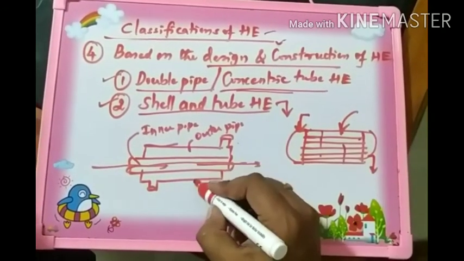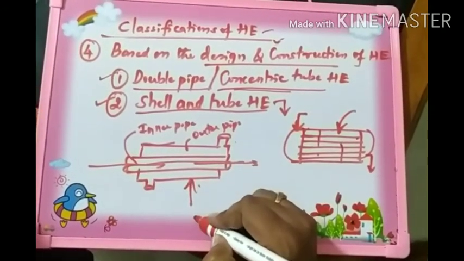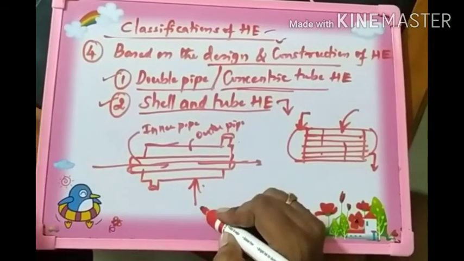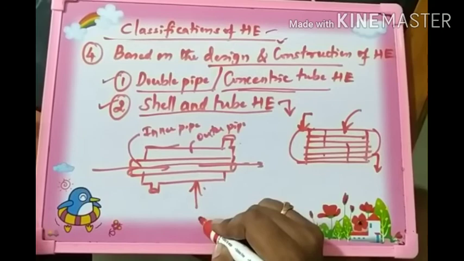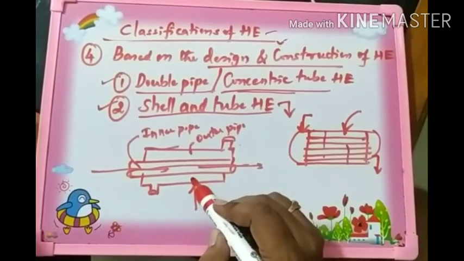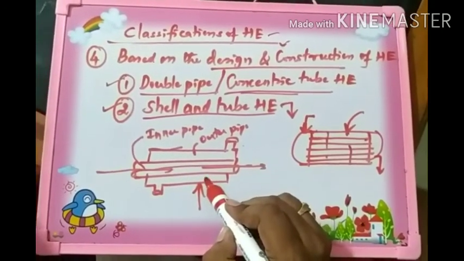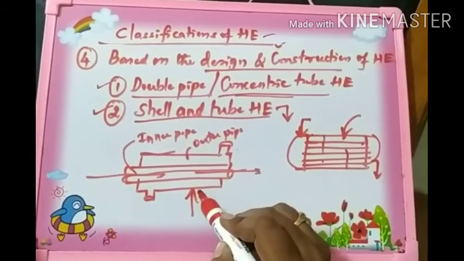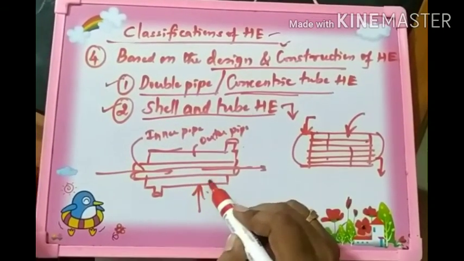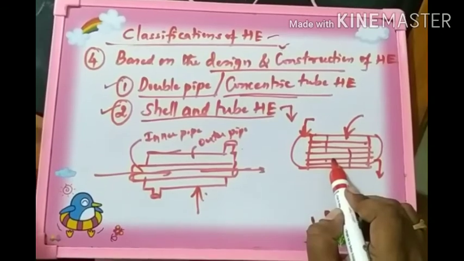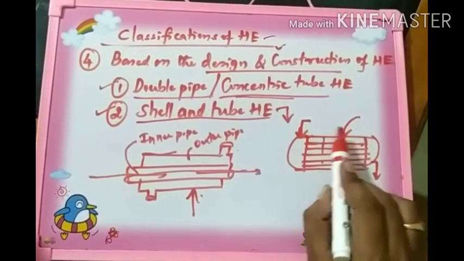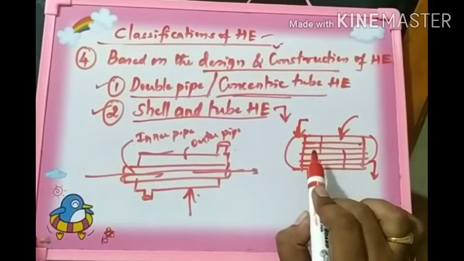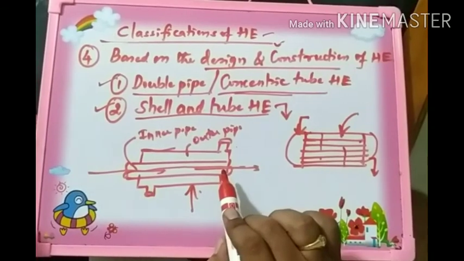On the other hand, if the heat to be transferred is of lesser quantity, then we generally prefer double pipe heat exchangers. Note that the design, construction and analysis of a double pipe heat exchanger is comparatively easier than the shell and tube heat exchangers. The calculations involved in shell and tube heat exchanger design are much more complex than those of the double pipe heat exchanger.